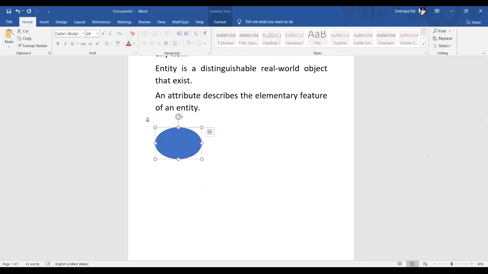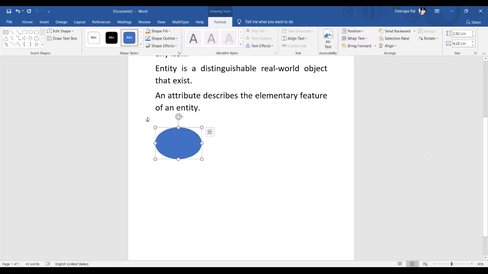An ellipse. Computer science students, please tell me. Attribute. Is it so? It describes the attribute.